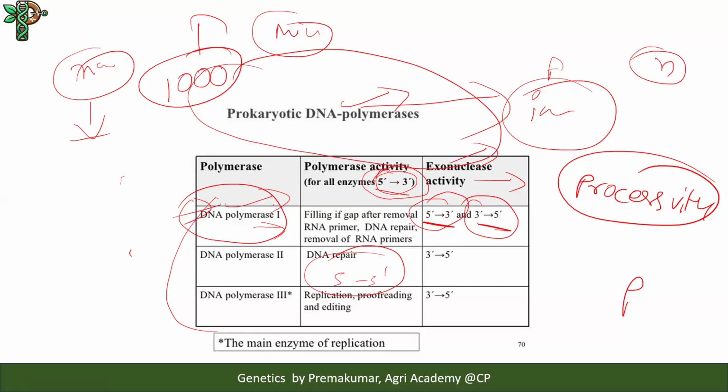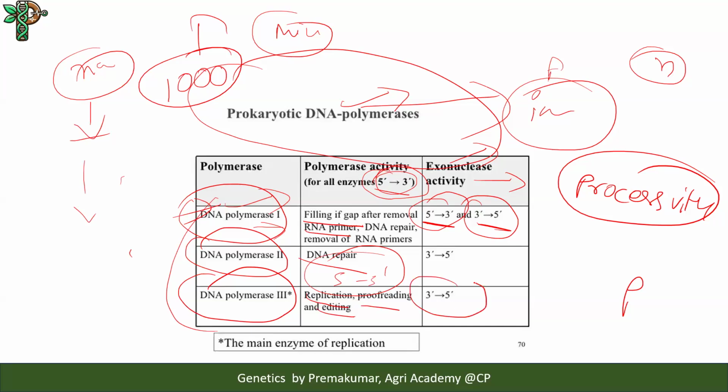Normally, the function of this DNA polymerase is filling the gap after removal of the RNA primer. That we will discuss while discussing the elongation and termination procedure. Then DNA polymerase 2 helps in DNA repair, and DNA polymerase 3 helps in replication, proofreading and editing.